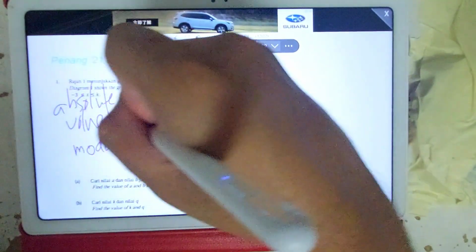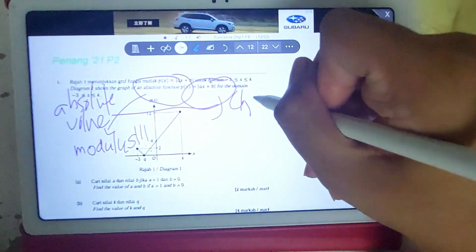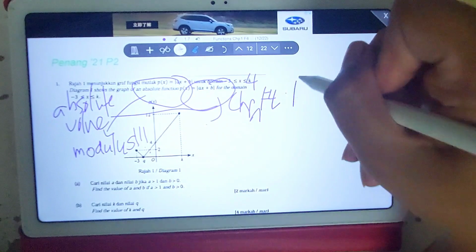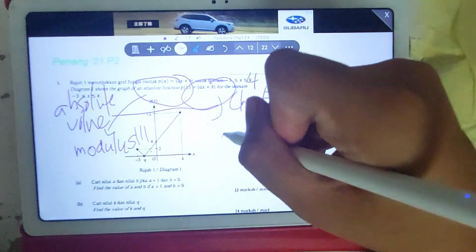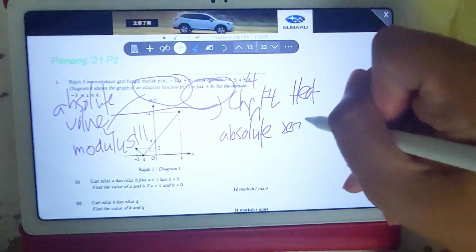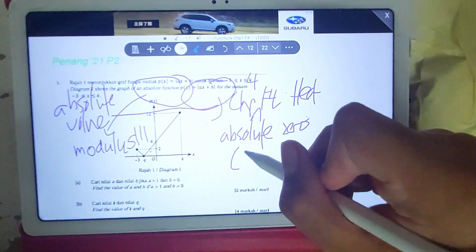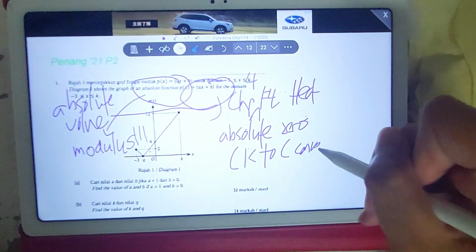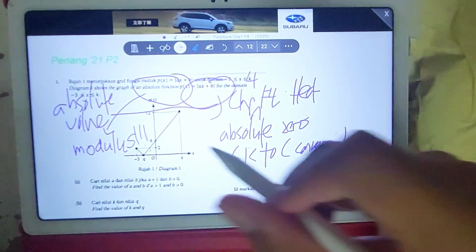If you learned in physics, in chapter 4, form 4, the heat chapter, they will tell you something like absolute zero, which is your Kelvin to Celsius conversion in your heat chapter. So this is where the absolute function comes from.